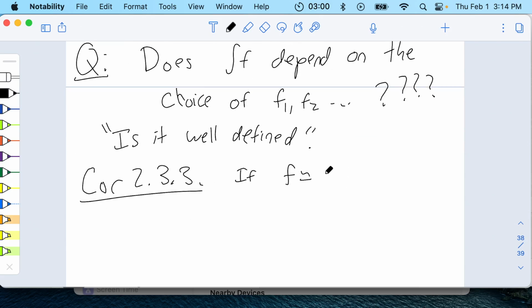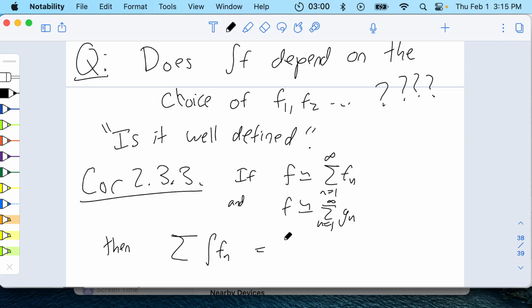If f is the sum of the fn's, and f is the sum of the gn's, so if you come up with a sequence f and your cousin in Romania comes up with a sequence g, then the sum of the integrals of the fn's equals the sum of the integrals of the gn's, summed from 1 to infinity. So once we prove this corollary, we'll know it's well defined, because no matter which step functions you find, they always have the same sum, and that sum is the thing we call the integral of f.